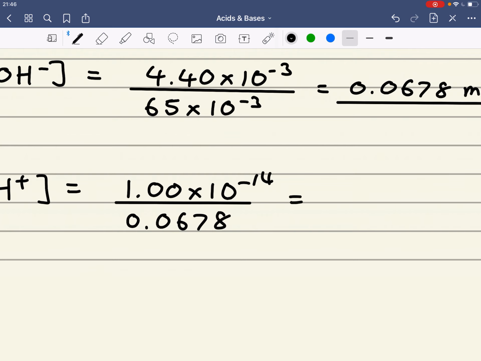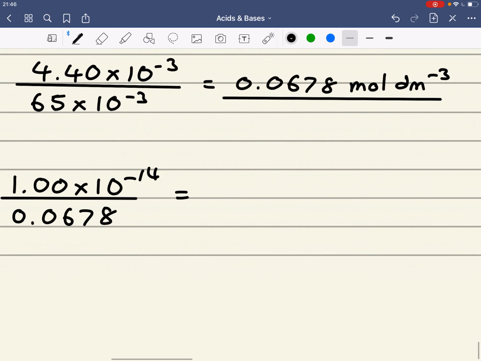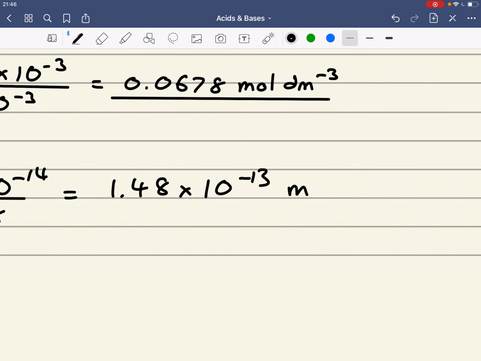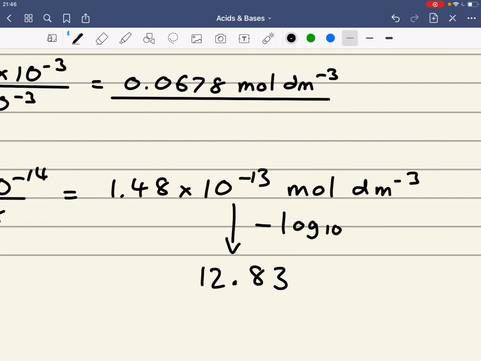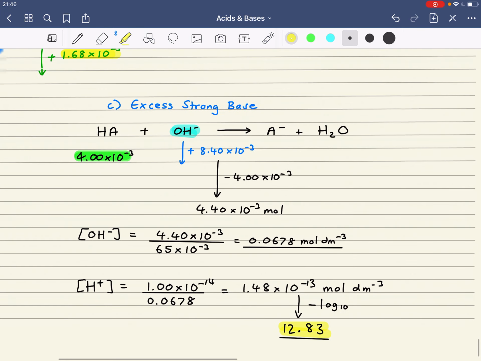That gives me a hydrogen ion concentration of 1.48 times 10 to the minus 13 moles per decimetre cubed. And then I again simply minus log to the base 10 that answer, and you get an answer of 12.83. And that's the pH at point C on my titration curve.